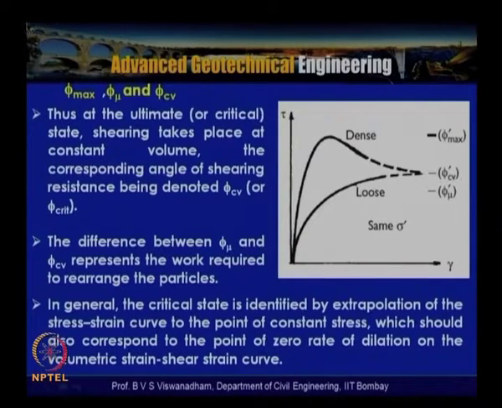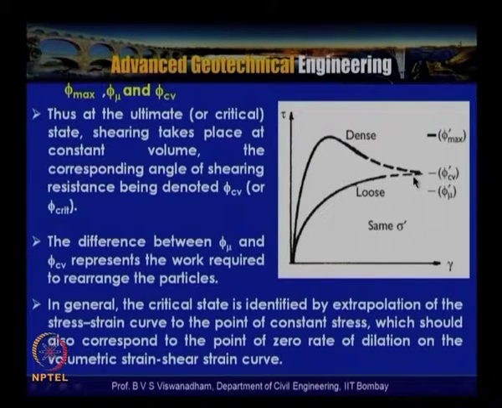As can be seen, the shear stress is maximum here, and a distinct peak is shown, and then there is a decrease in shear stress with an increase in the shear strain, and it tends to join the curve where hardening takes place continuously for initially loose sand, which becomes denser by virtue of shearing.